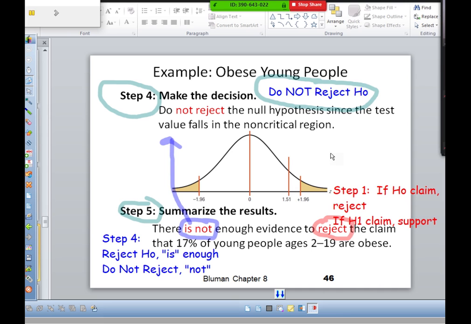And this is important. Let me say this one time. Saying not enough evidence to reject is not the same as saying there's enough evidence to support, because you don't know for sure. Maybe it was good, maybe it's not.